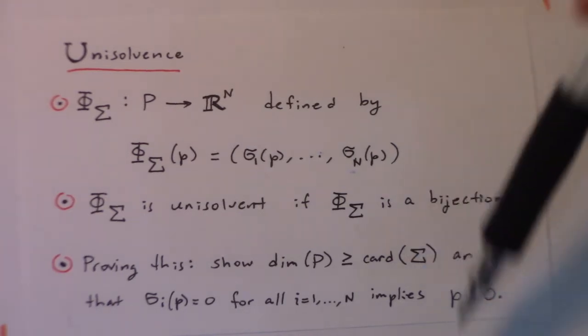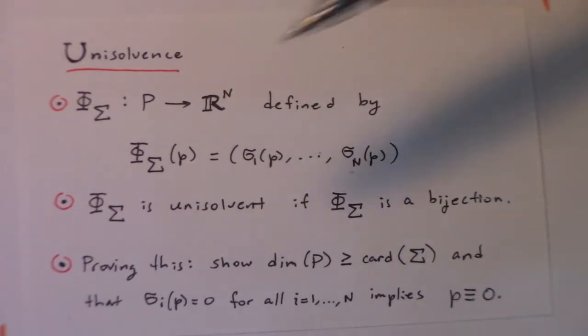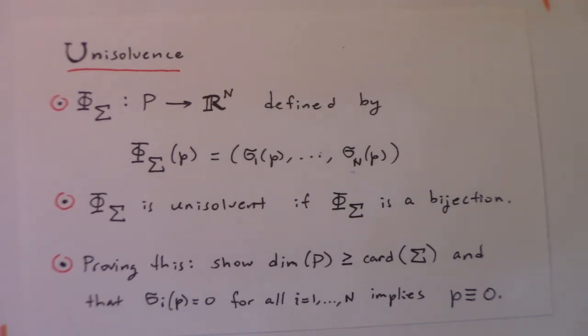If you can do this, then that will mean that phi sigma is unisolvent, which means that the Ciarlet triple that you defined is actually a finite element.